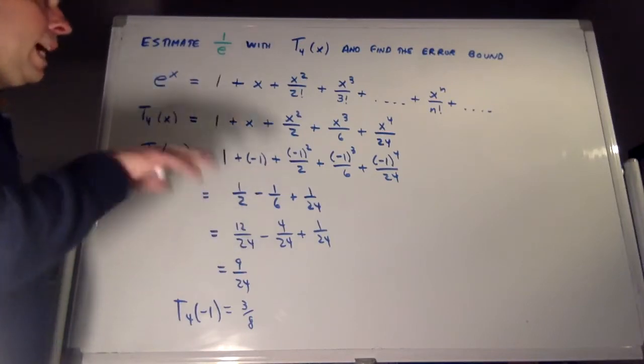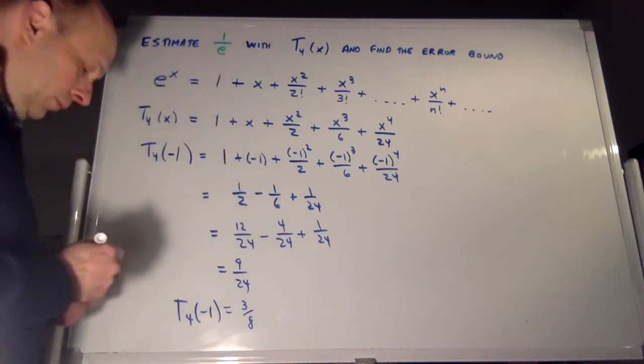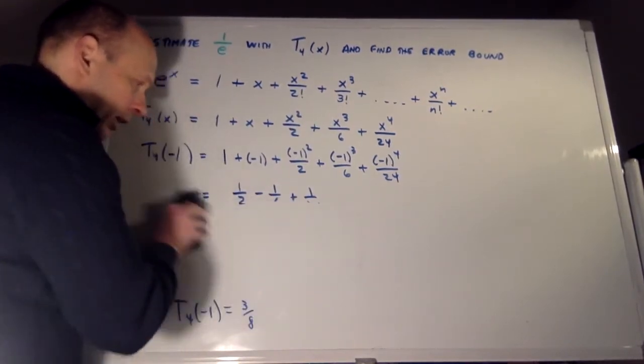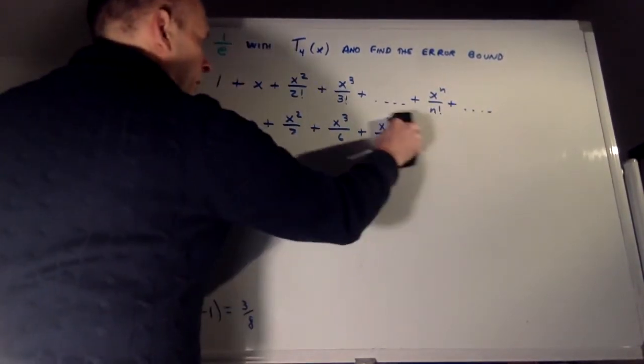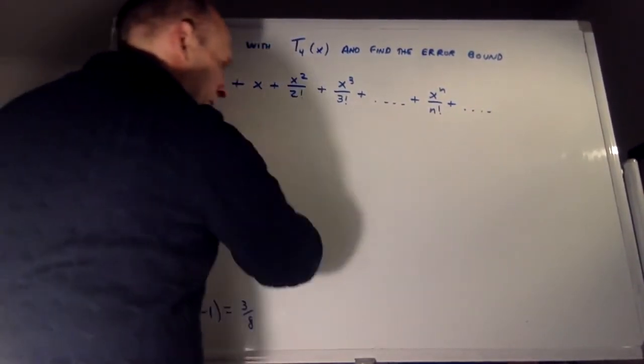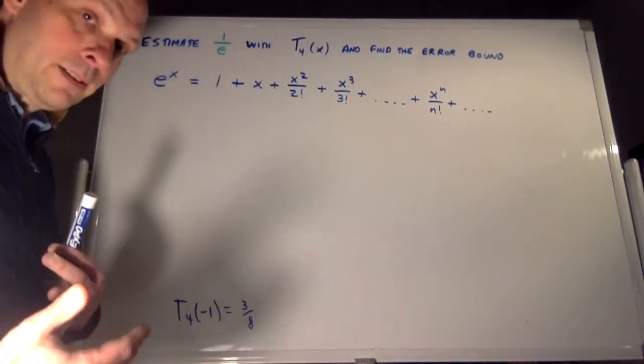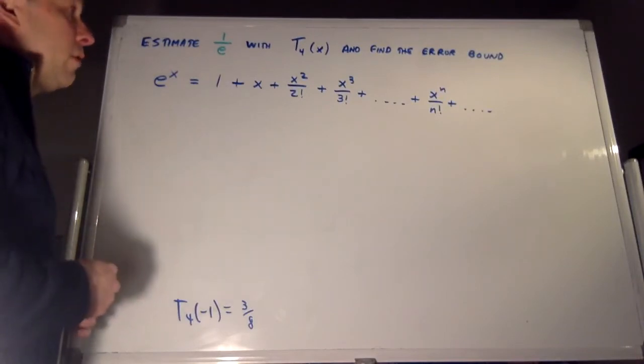So let's figure out what the error bound would be here. All right, so that's our estimate for 1 over e. It's 3/8. Okay, I want to know how close that is, so we look for the error bound.